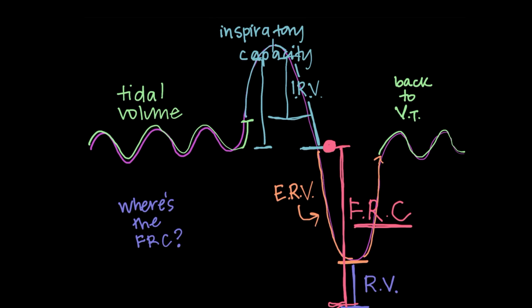The main difference between a volume and a capacity is that a capacity is made up of two or more volumes. And so if you see, the inspiratory capacity is made up of the tidal volume plus inspiratory reserve volume, and then the FRC is made up of the ERV plus the RV. So that's what the difference is between a volume and a capacity, and that can be important for your exams.